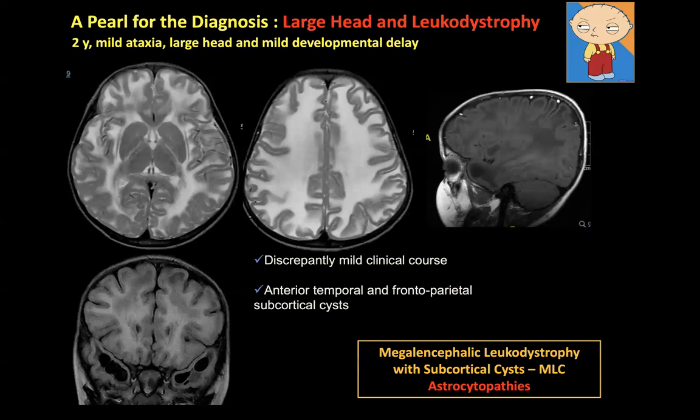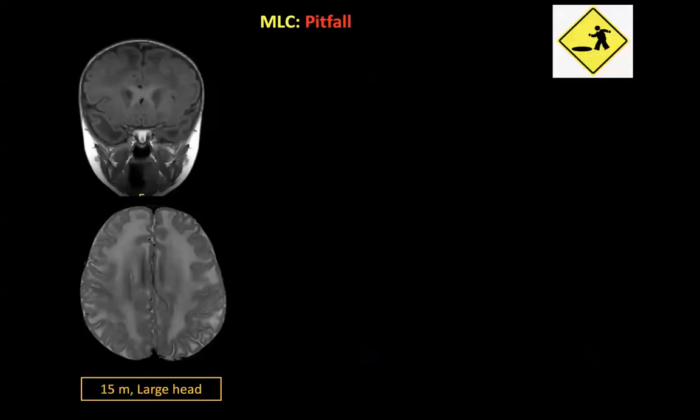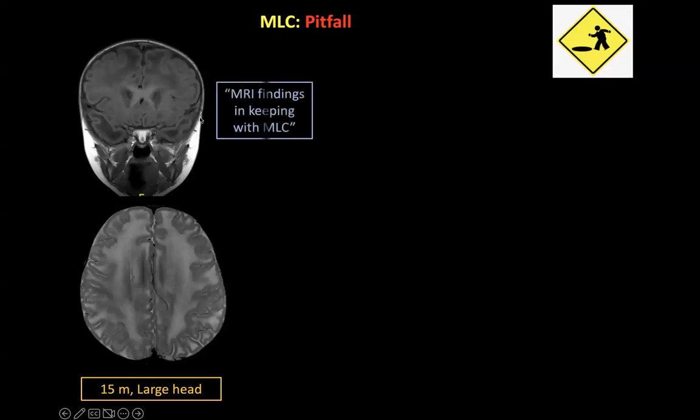MLC this time is an astrocytopathy, but as far as your radiological approach is concerned, ask how big is the head, look at this rarefaction, this cyst in the temporal, and not only, sometimes in other subcortical areas, and the basal ganglia are spared. It's so important, the clinical mildness of this MLC, that in some cases you have the typical pattern, like in this case, and look at the rarefaction, it is more peripheral, on top of the anterior temporal lobe.